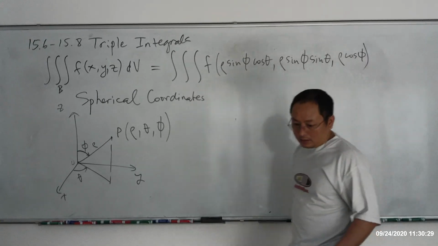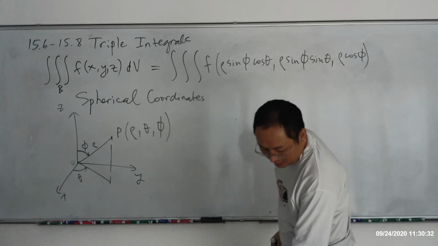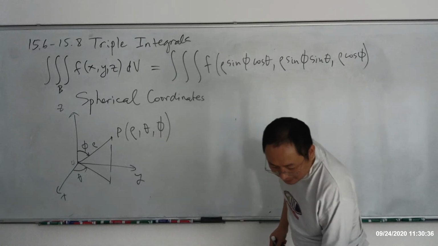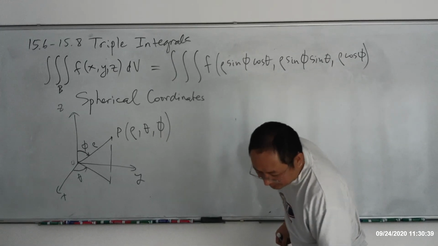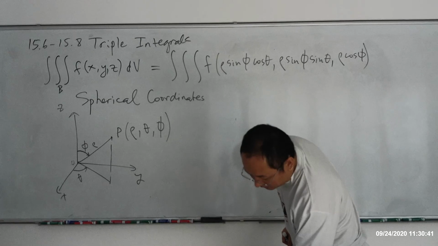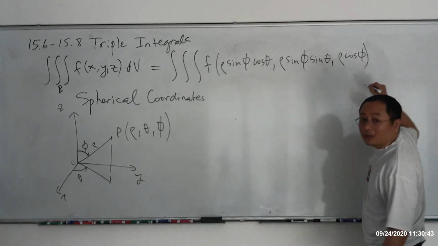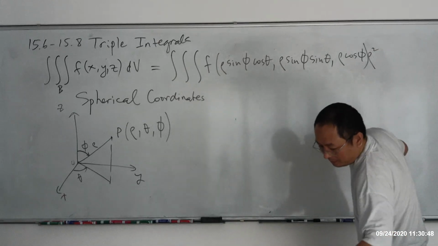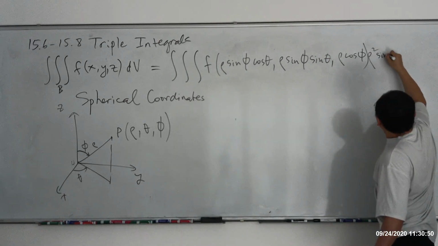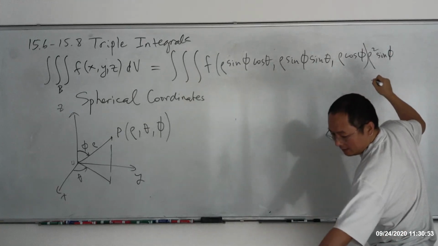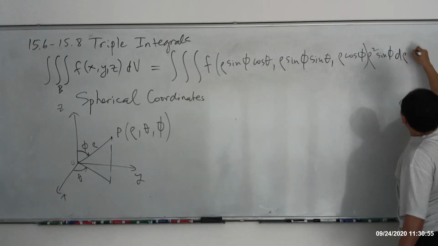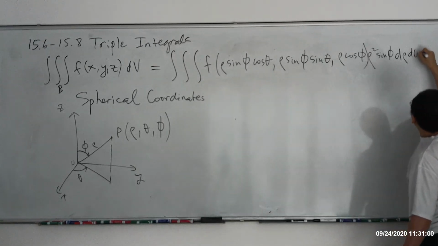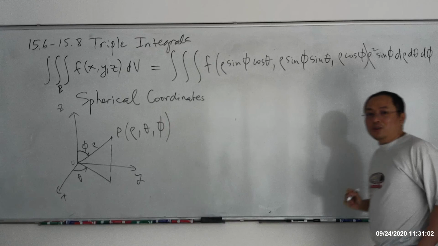And dx dy dz now becomes rho squared sine of phi d rho d theta d phi. Hopefully you see on the board.